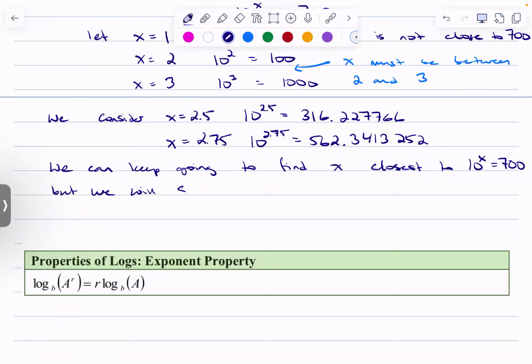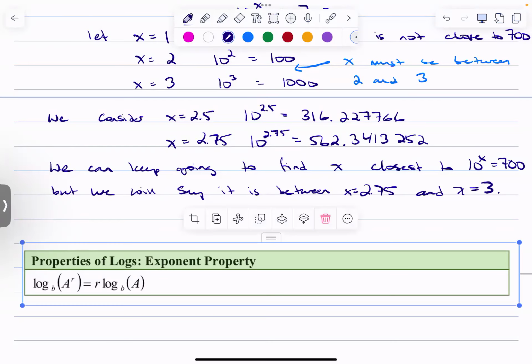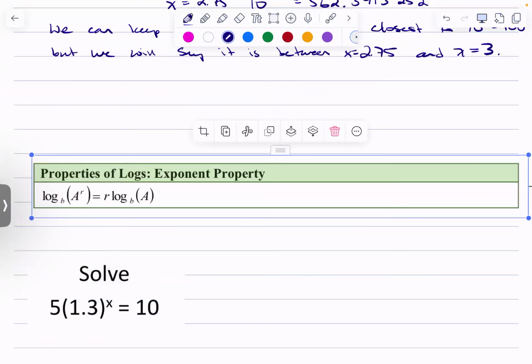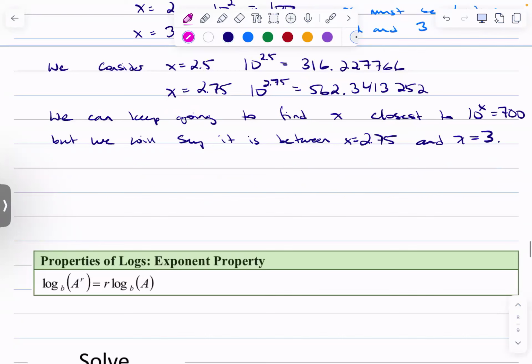We will say it is between x equals 2.75 and x equals 3, and you can keep going smaller and smaller. An exercise in approximation.